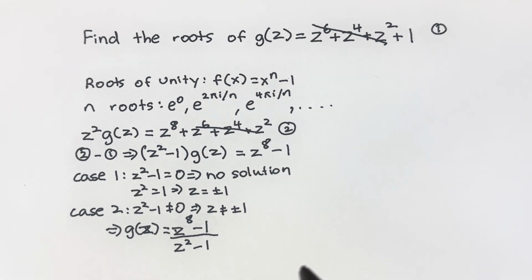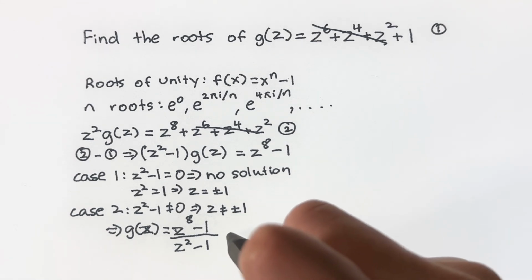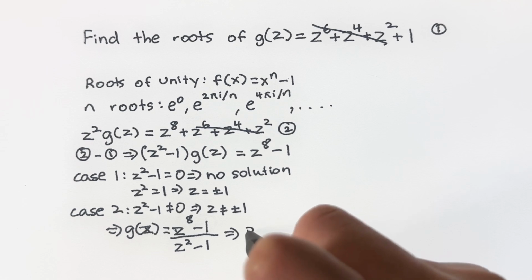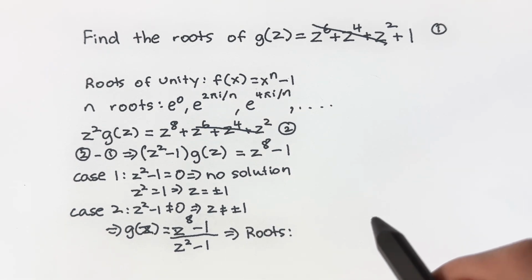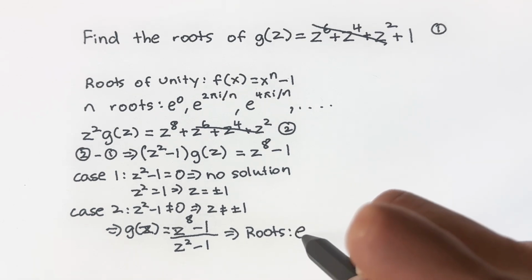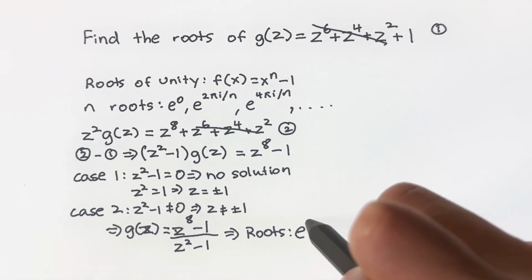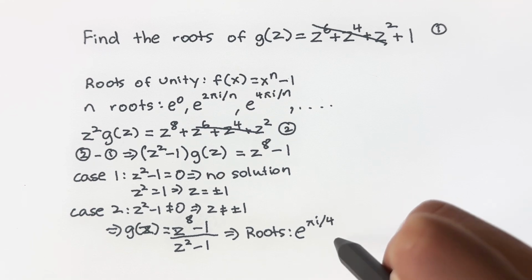And then to find the roots of z to the power of 8 minus 1, the roots are going to be e to the power of pi i over 4 times k.